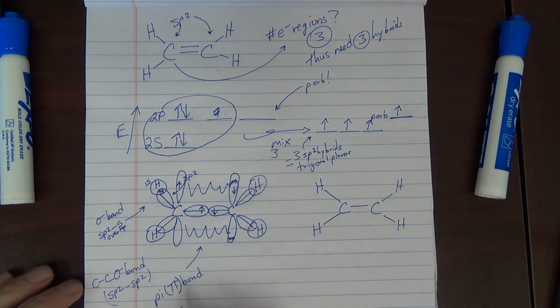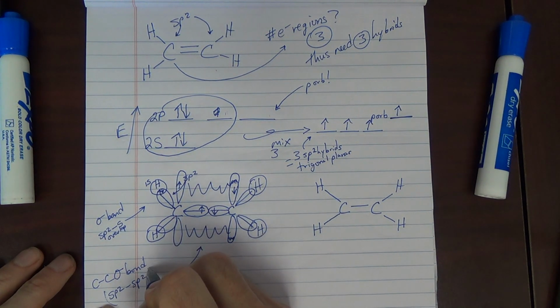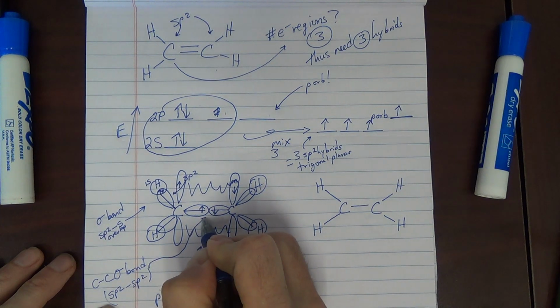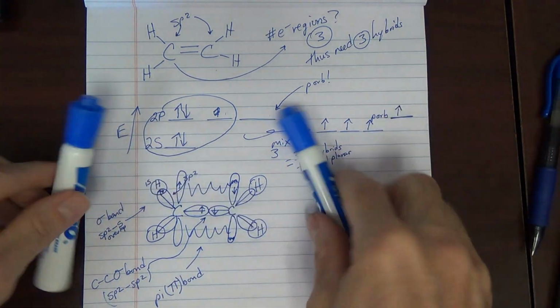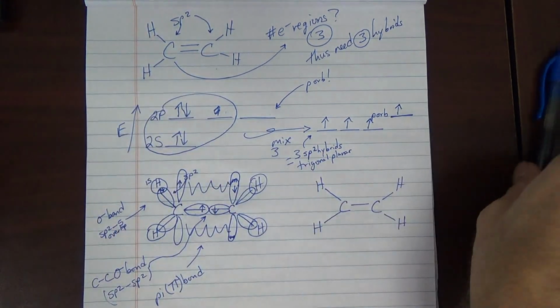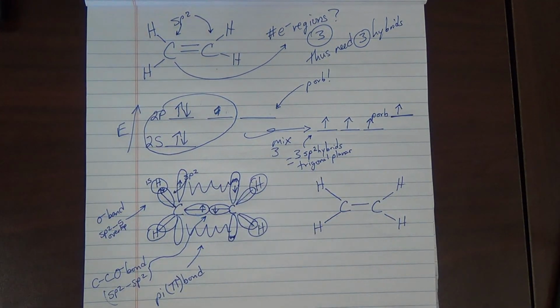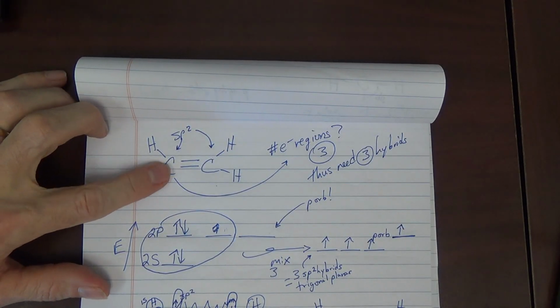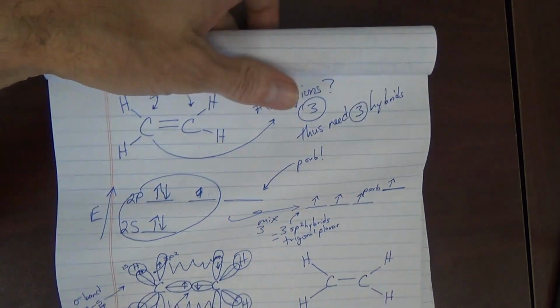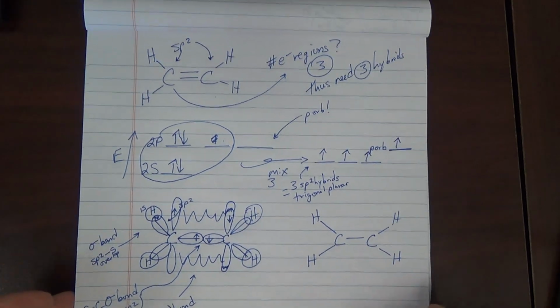Which we indicated here. That was there. So head-to-head overlap between the two carbons, but also a side-to-side overlap, a pi bond. Ultimately, when you see an alkene, you should see one sigma bond and one pi bond. Always. Really, anytime you see a double bond.